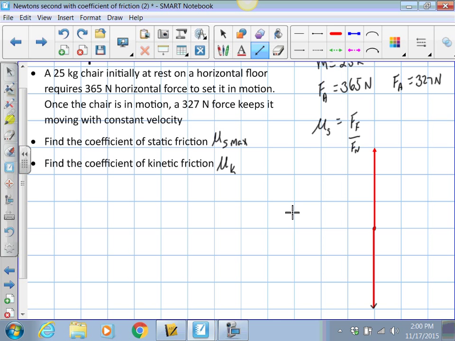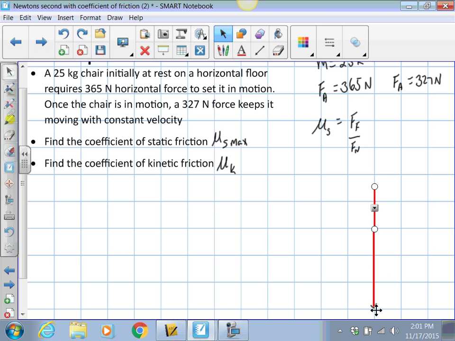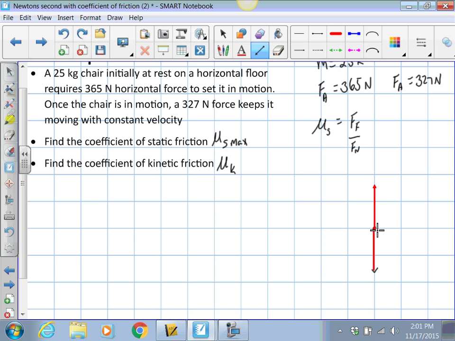It's going to take 327 newtons to keep it moving, 365 to start it. Let me lower the size of these slightly so that I can stay within the room I have on the problem. I'm going to drop this back to about there, and this one back to about there. And then we've got the 365 newton force to the right. It doesn't have to be to the right, but we're going to make it to the right.